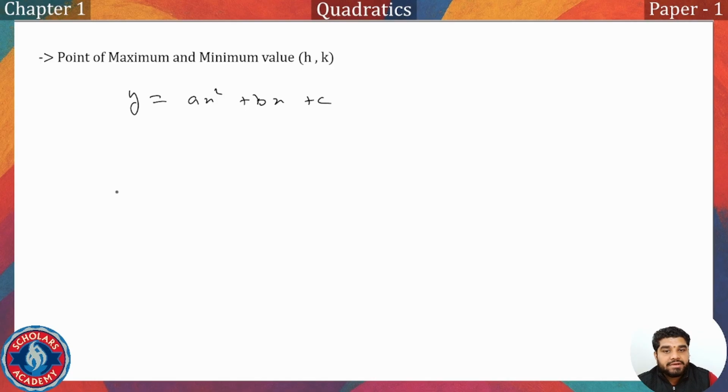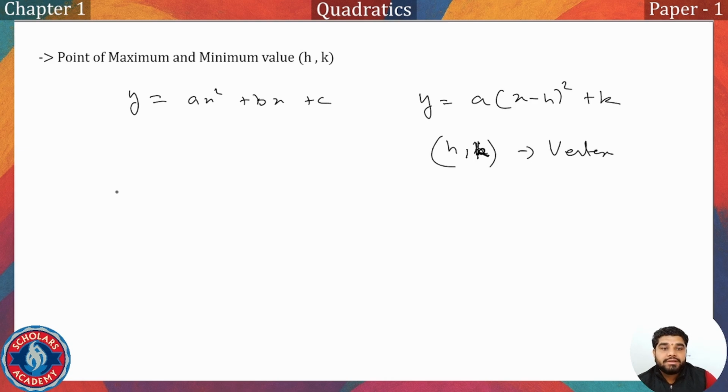If I transform it to an equation that is y is equal to a times x minus h whole square plus k, then h comma k is the point of maxima or minima. We also call it the point of vertex. This vertex point is either the point of maxima or the point of minimum value. How do we calculate that?